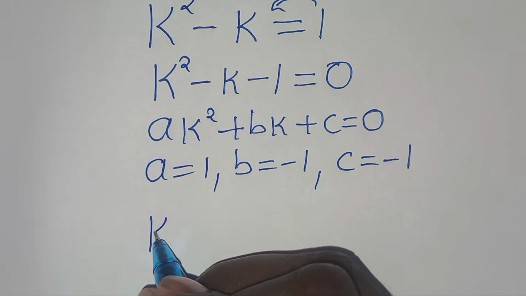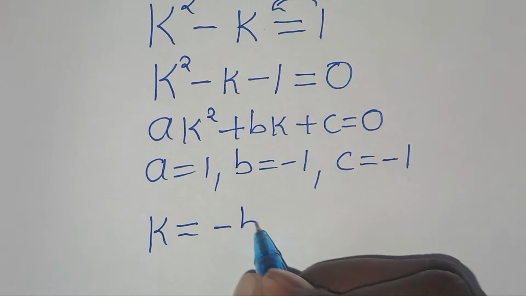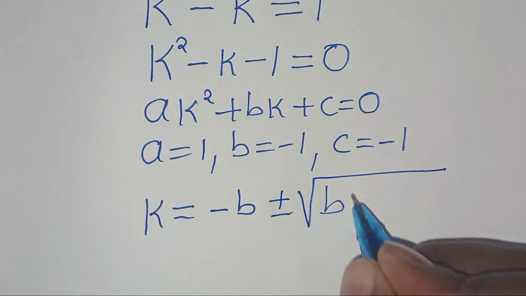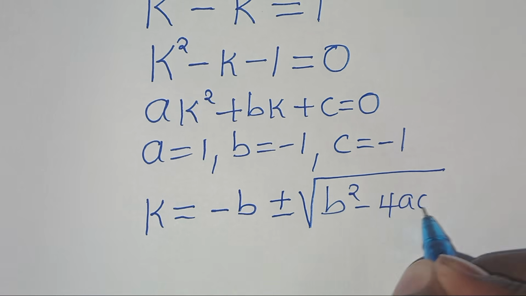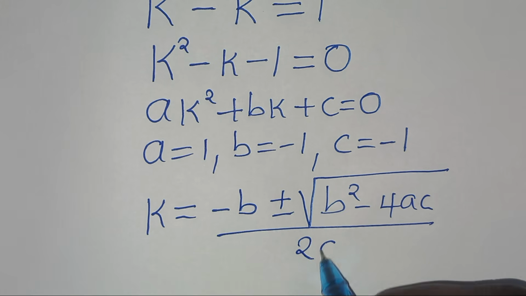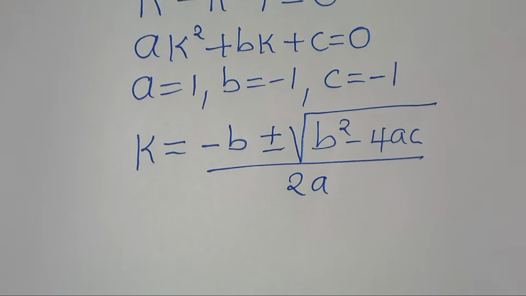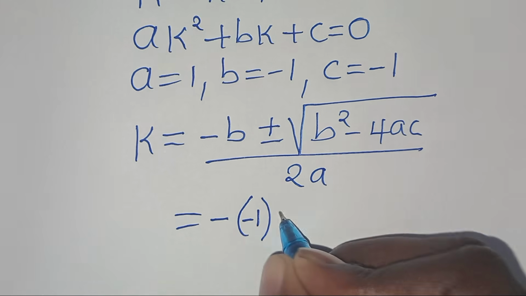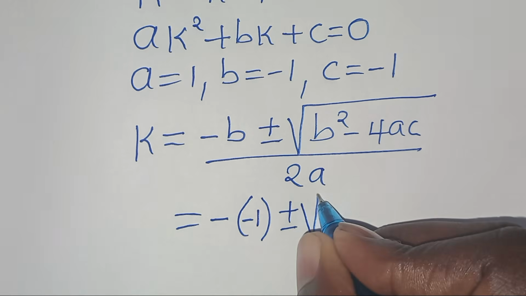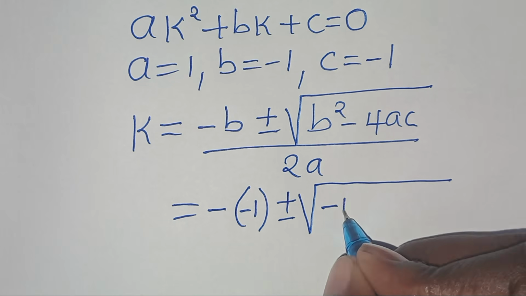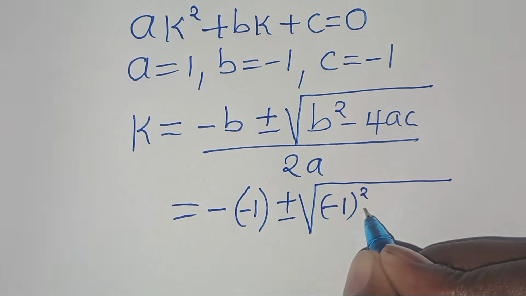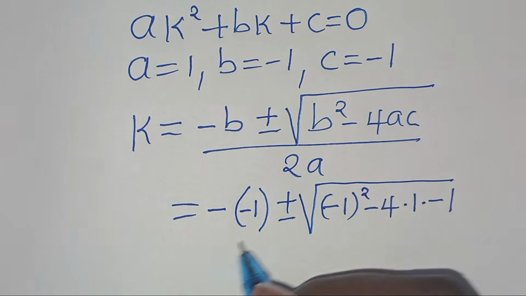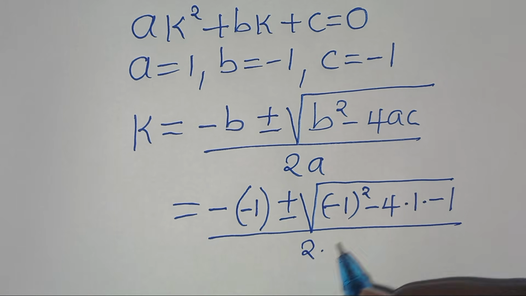So we can solve for the value of k by applying the quadratic formula, which is -b plus or minus the square root of b squared minus 4ac, everything here divided by 2 times a. Now we have negative times -1 plus or minus the square root of b, which is -1, raised to the power of 2, subtract 4 times a, which is 1, then times c, which is -1, everything here divided by 2 times 1.